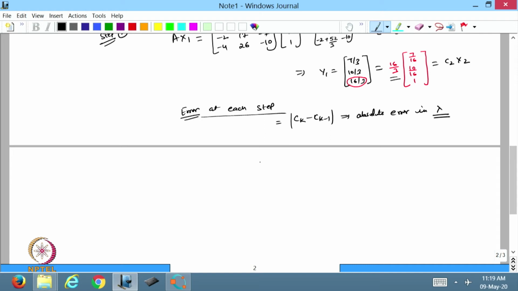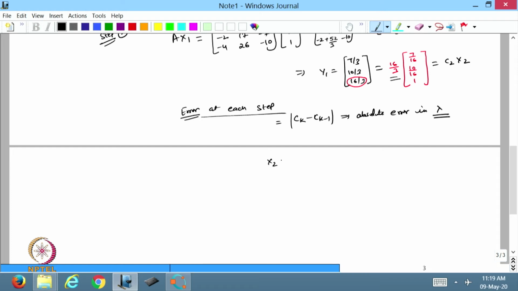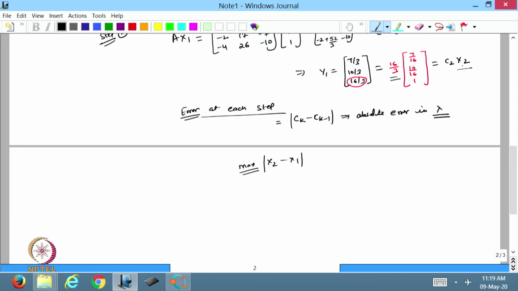So, this is the one error I can find, and the other one is the error in the eigenvector. So, in the eigenvector I will find the modulus of x2 minus x1 and then the maximum. So, it is an L2 norm I will find out. From here what I am doing, I am taking x2 minus the eigenvector we got in the previous step. So, that is x1, taking the magnitude and then finding the maximum value.